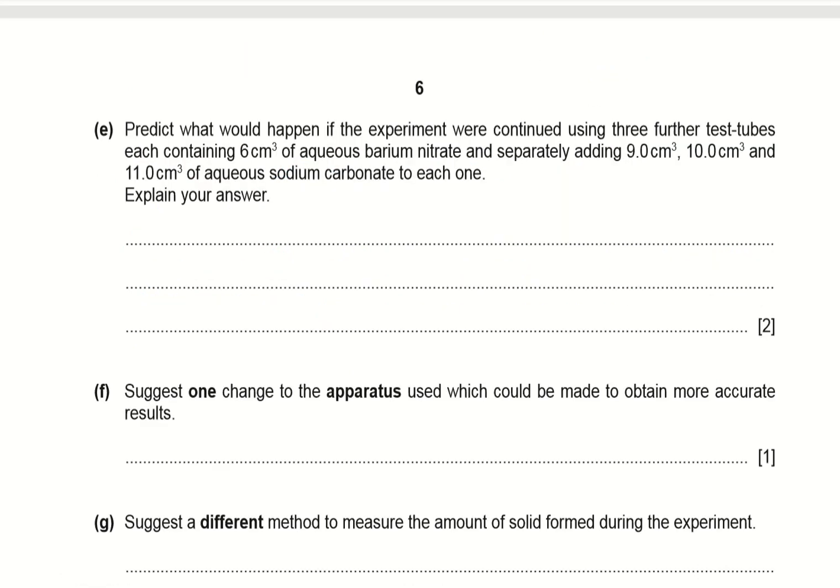Predict what will happen if the experiment were continued using 3 further test tubes containing 6 cm cube of aqueous barium nitrate. The barium nitrate has always been constant, and separately adding 9, 10 and 11 cm cube of aqueous sodium carbonate to each one, and you have to explain your answer. So this question is in 2 parts. You have to predict what will happen and explain what you predicted.